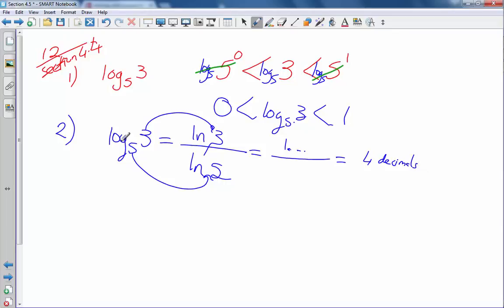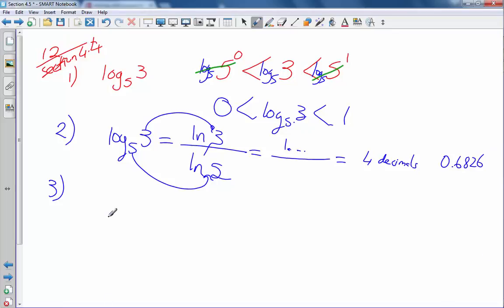So this is a calculator use question. You change the base to ln, put 3 on the top, 5 on the bottom, punch the numbers into the calculator, and divide. And in part C, this is the part we haven't done. Up to 0.6826.